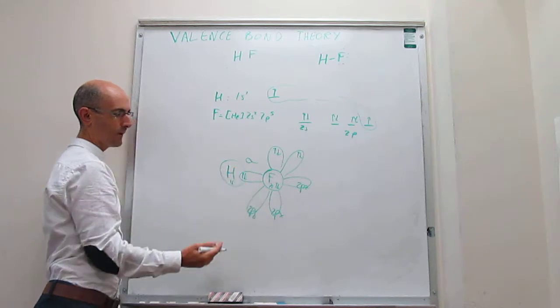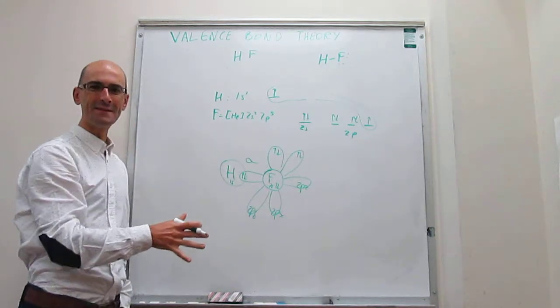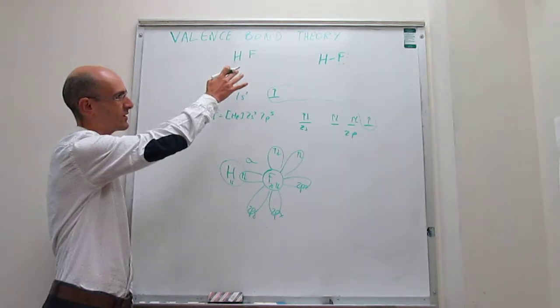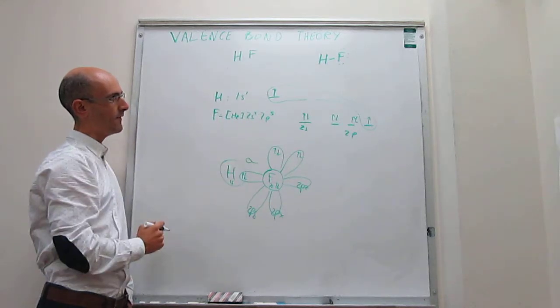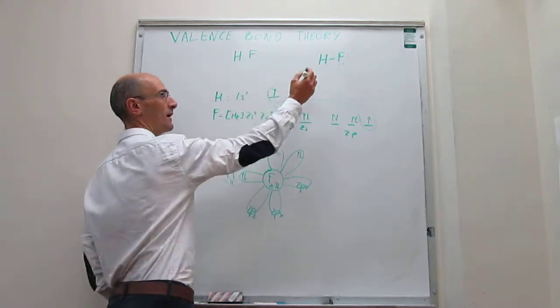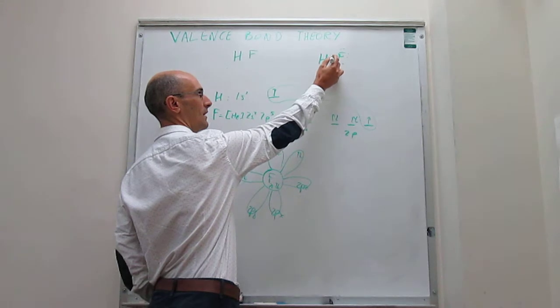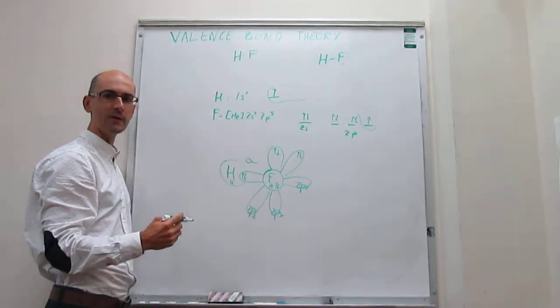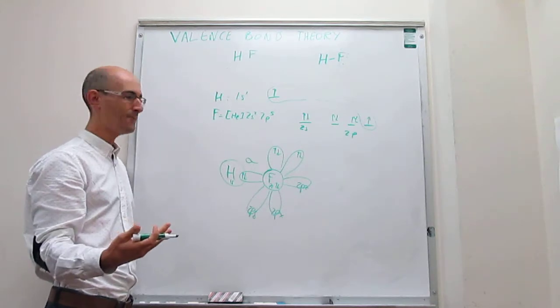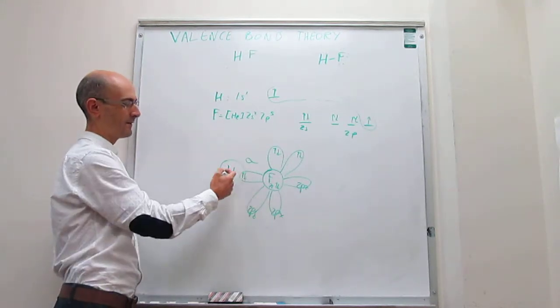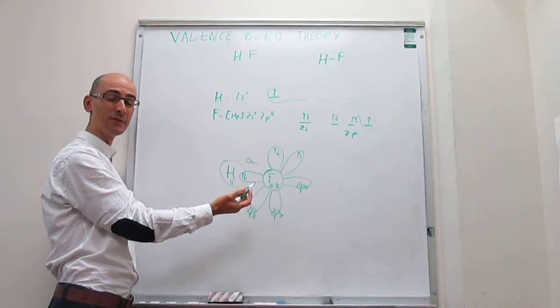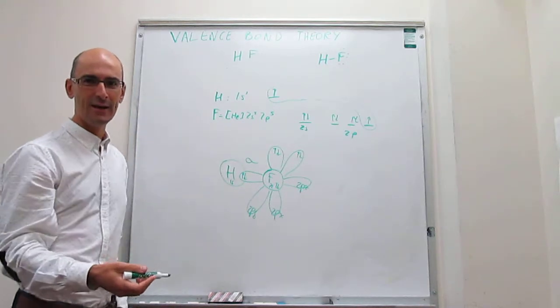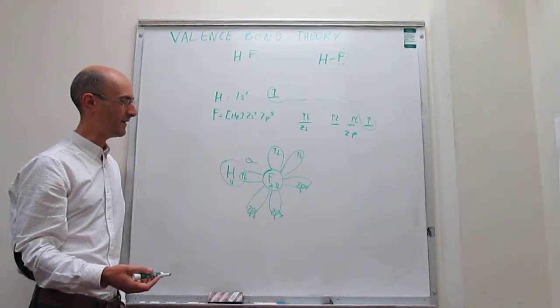so this is also a sigma overlap. Notice how we can now establish similarities and differences between the Lewis dot structure and valence bond theory. In the Lewis dot structure, we have a single bond where 2 electrons are being shared, and that is exactly what we have in valence bond theory, but we have much more detail about how that overlap takes place. We can actually figure out what the orbitals in the overlap are.